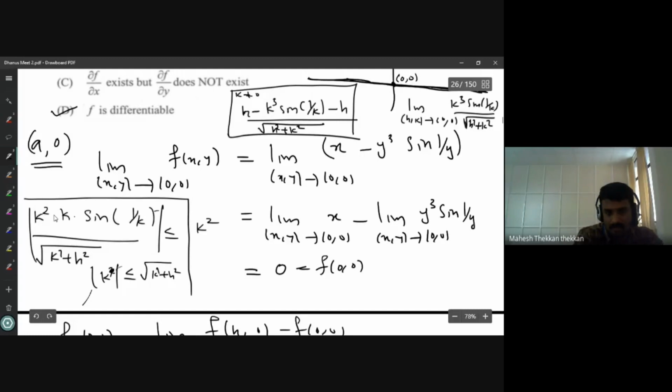Now as (h,k) tends to (0,0), k square goes to 0, so the right hand side goes to 0. So the left hand side also has to go to 0. So the limit of k cube into sine 1 by k divided by square root of h square plus k square is 0. Is that okay?